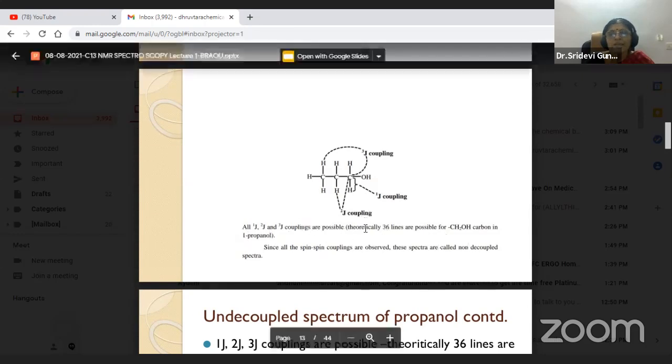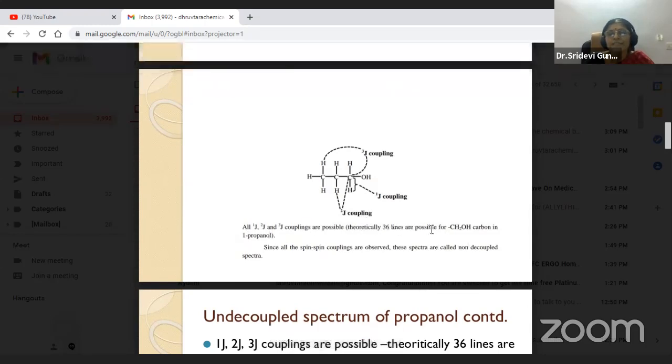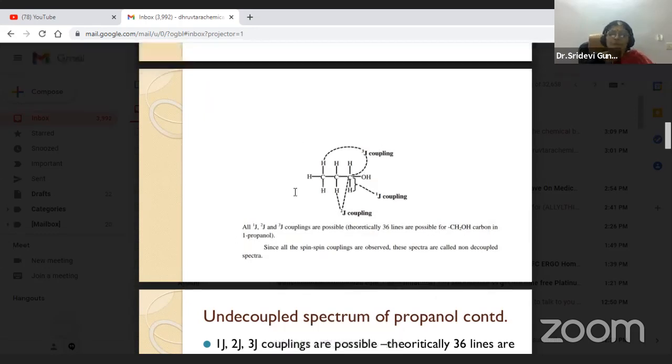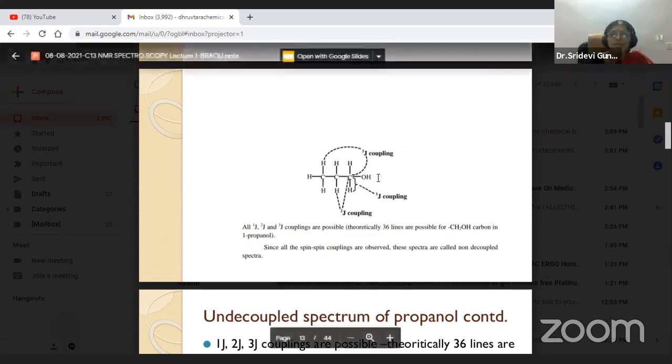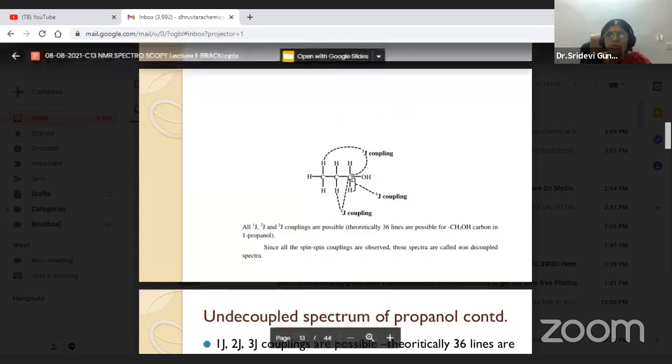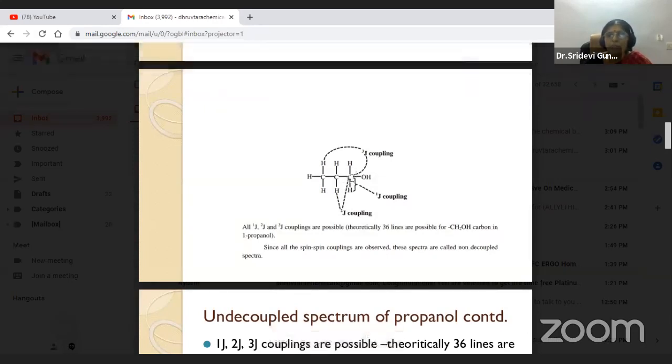Theoretically, 36 lines are possible for the CH2OH carbon in propanol. You know the rule (2NAI + 1) × (2NBI + 1) × (2NCI + 1). That rule which you have studied in Proton NMR is applicable here also. Here I is the spin number, which is half for hydrogen. For the A type, 2 × 2 × half plus 1.